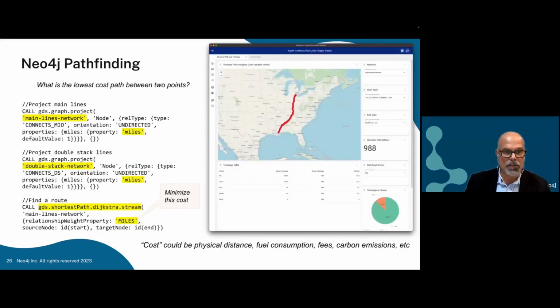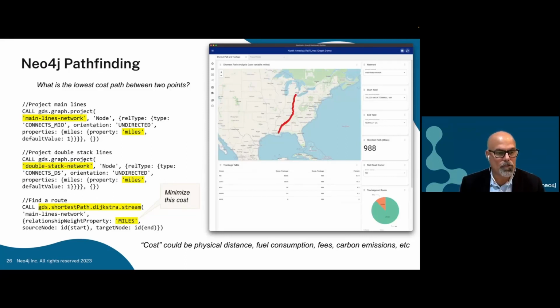What does this actually look like from a code perspective? It's actually very simple. So once our graph is built, we just call a projection procedure, and it goes and creates this view of the graph. And so the two views that we're creating are the main lines network, and then the double stack network. And the property that we want to optimize for is miles, and we want to minimize that when we run our algorithms.